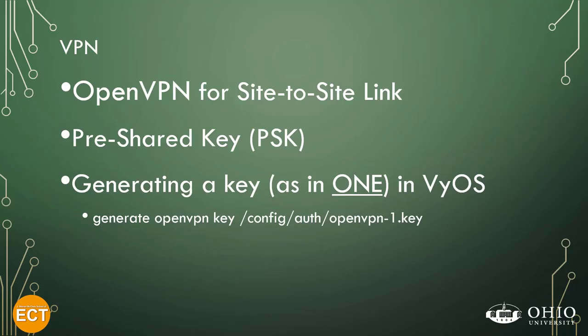Usually we have one key per link, and as you can see here, it says OpenVPN-1. So we're going to generate it on VyOS 1, and then we're going to copy that key, which is really about 30 lines of text, although it's generated special kind of text, and we can copy and paste it into the right file and set the rights on the file, and it'll work just fine. And as we go through and set it up, that won't be a big problem.